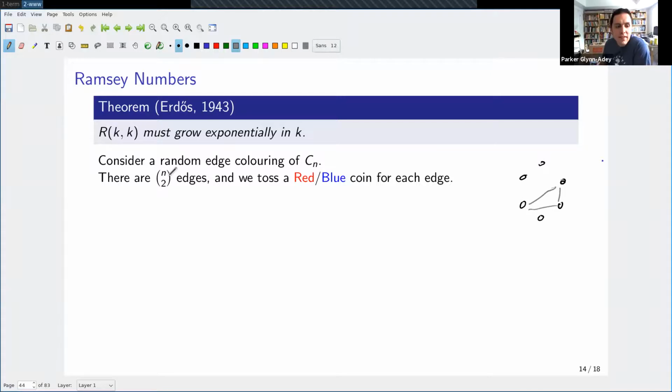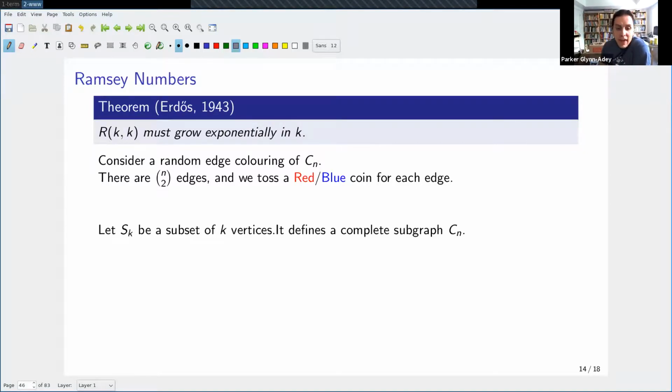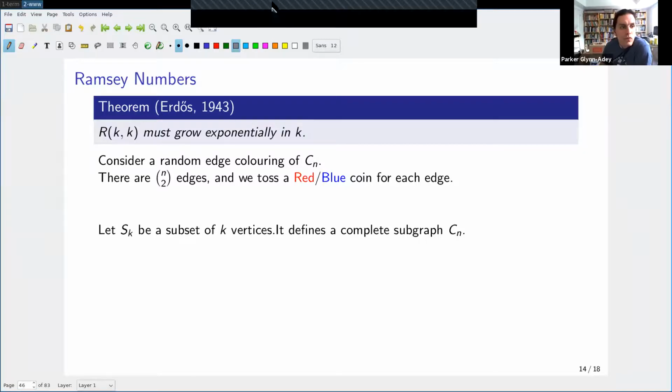Right, so we get n choose 2 edges. Groovy. Now, we're going to choose a subset of those vertices. We're going to choose a subset of k of them, and that's going to define some complete subgraph for us.